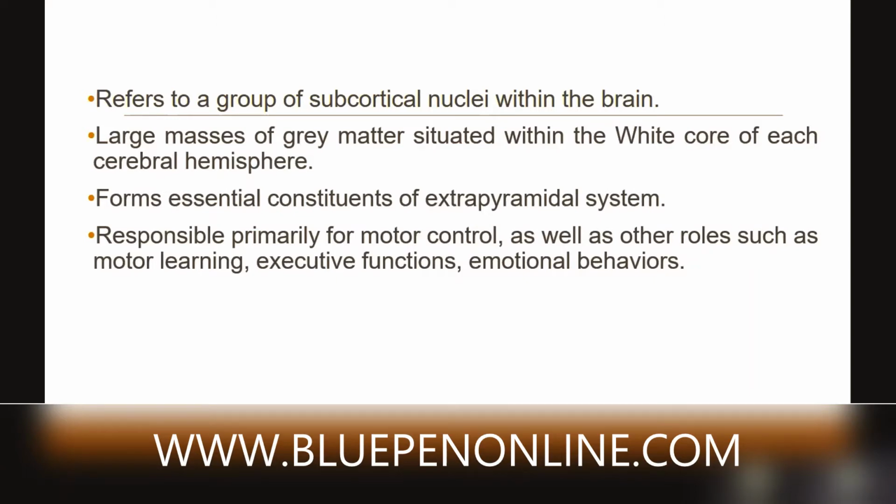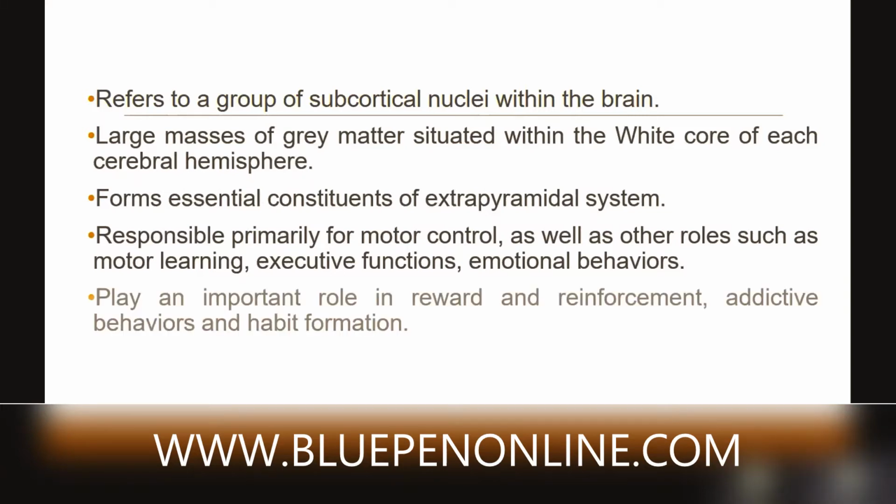Apart from motor activities, the basal ganglia also helps in motor learning, executive functions, and emotional behaviors. It also plays an important role in reward and reinforcement, addictive behaviors, and habit formation. All these are a part of the basal ganglia.